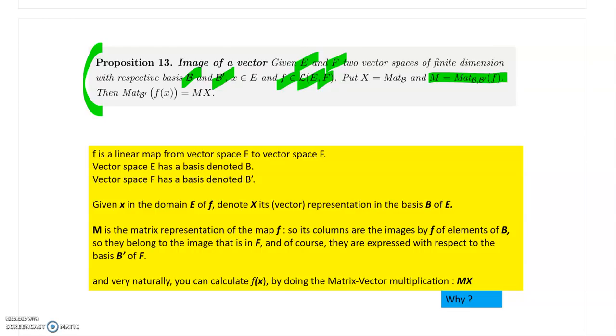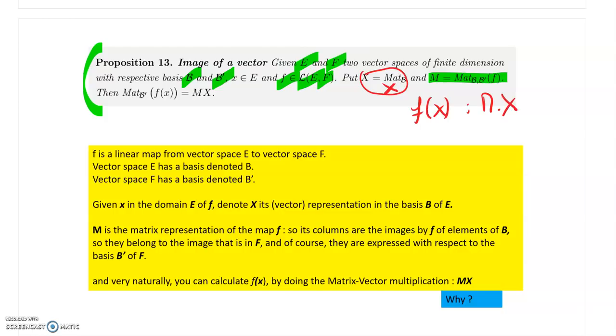Similarly, we saw at the beginning of the class that any x in the domain E can be represented by a vector, let's call it big X. And if you want a vector representation of the image of x by the map F, it's just given by the multiplication of the matrix of F times the vector X.